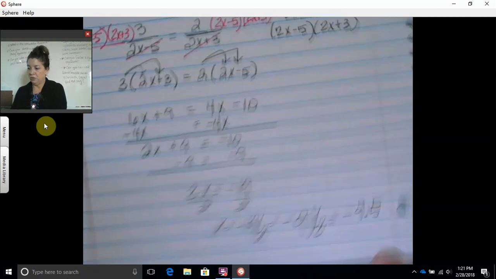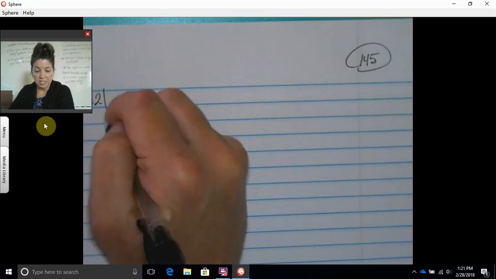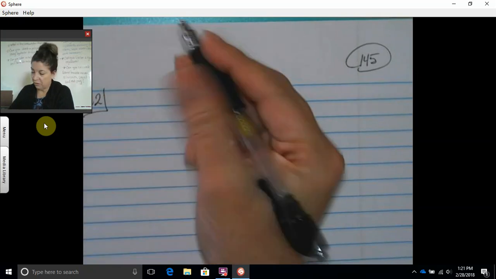Example 2 on page 145. Consider the following system of equations.